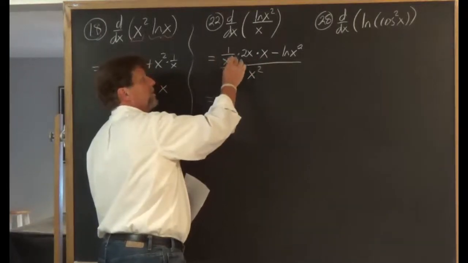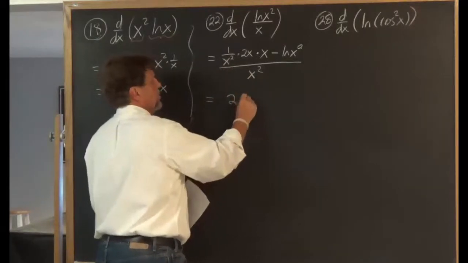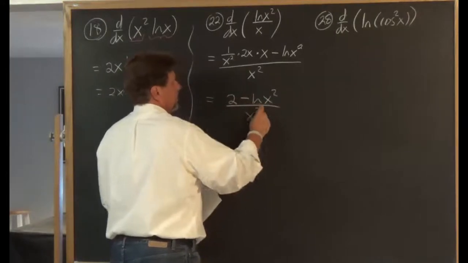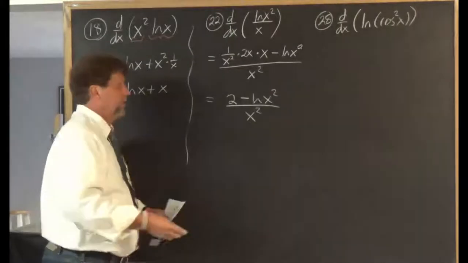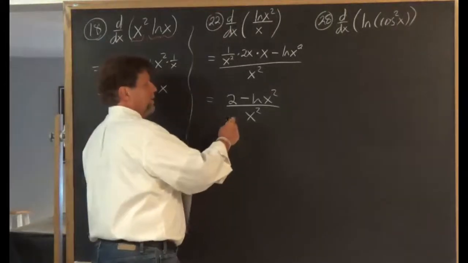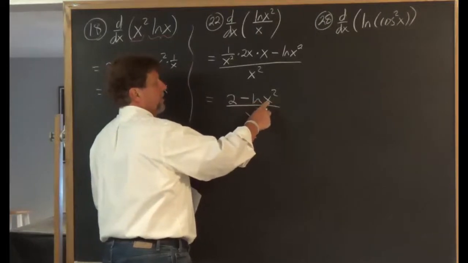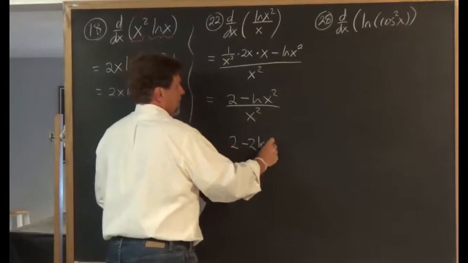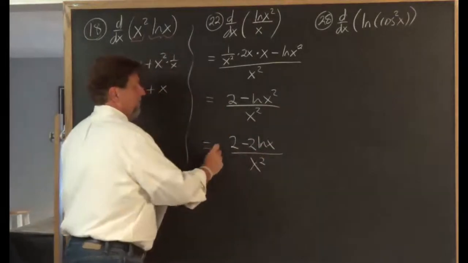So 1 over x squared times 2x squared leaves you with just a 2. That wasn't too bad. And if you wanted to show off your algebraic prowess, you could use a law of logarithms and rewrite natural log of x squared as 2 times the natural log x. Either one of those would be fine, folks.